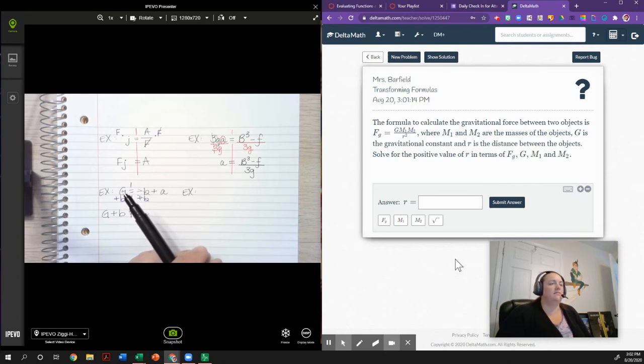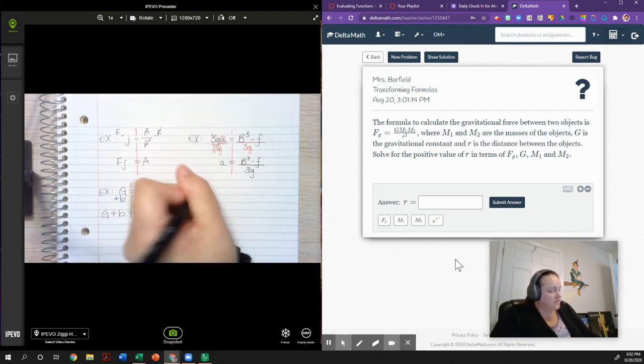Solve for the positive value of r in terms of F sub g, capital G, m sub 1, and m sub 2. Okay, all right, so let's go after this.